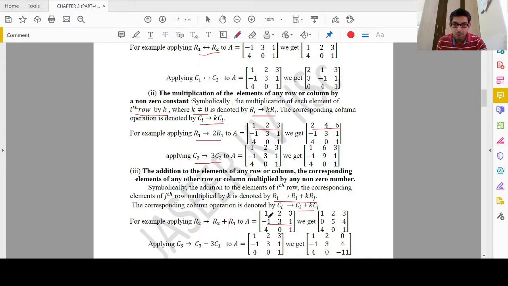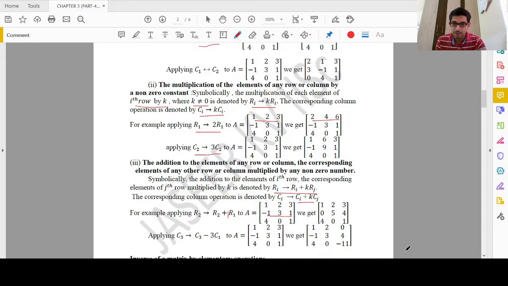Minus 1 will change to minus 1 plus 1, so it becomes 0. And 3 will change to 3 plus 2, so it becomes 5. And similarly, 1 will become 1 plus 3, that is equal to 4.